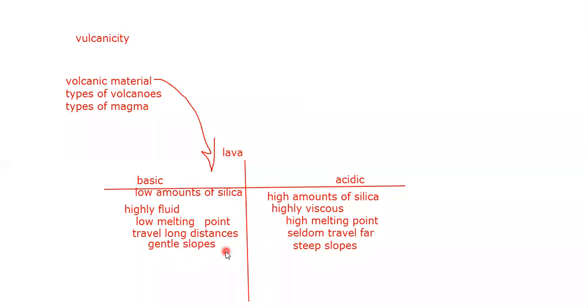Instead of the lava cooling and hardening, it would quickly run off the surface of the volcano. Therefore, it would harden and cool elsewhere. It would be hard for it to harden and cool.